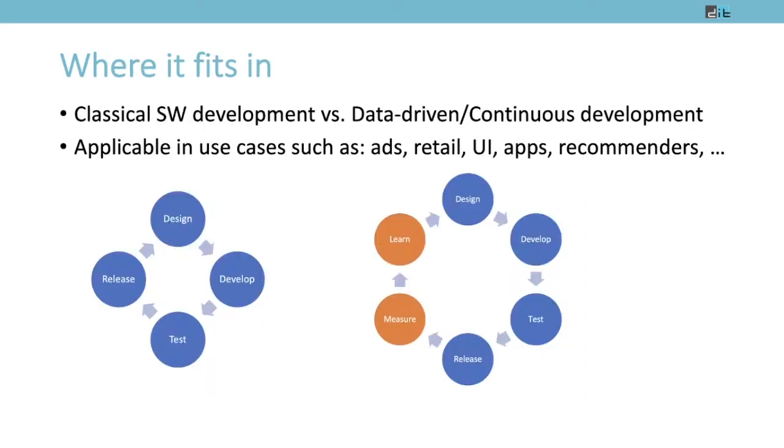Where in the development cycle does A/B testing fit in? We want to be thinking about the development cycle as something that is constantly evolving. The typical software engineering cycle starts with the design, then moves ahead to development of the ideas or the feature or the app or the desktop application, whatever you would like to do, then test it and then release it to the public.